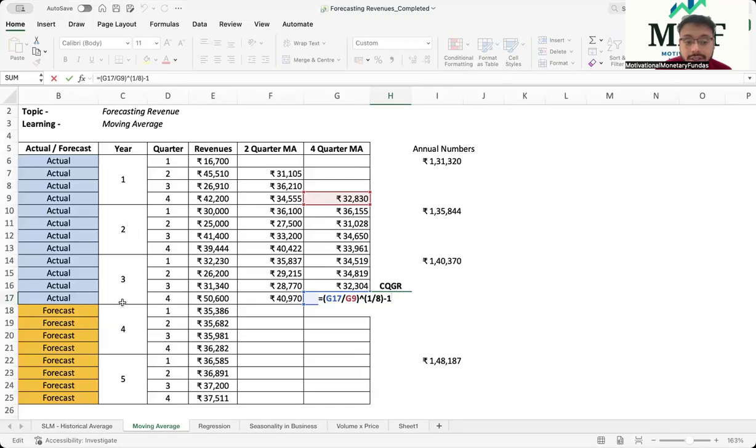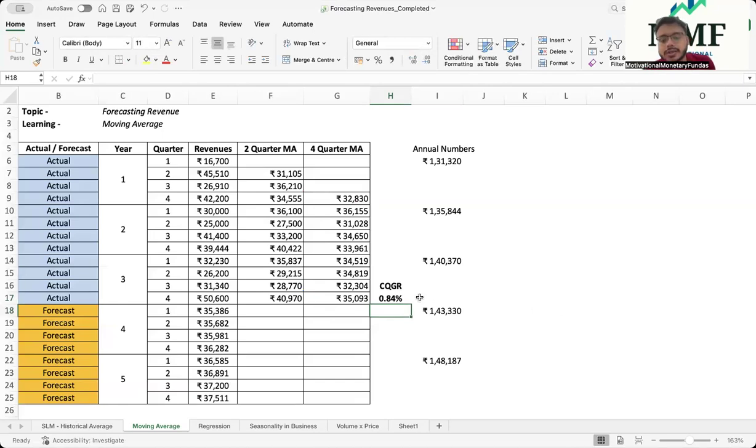From this quarter to this quarter, it has been 8 quarters. Because I'm trying to calculate the compounded quarterly rate, not the annual rate. I'm trying to calculate the quarterly growth rate, minus 1, this is the formula. Once you practice this multiple times, then only you will understand the formula, and that you have to do once the session is over.